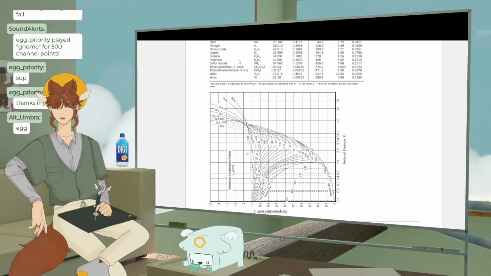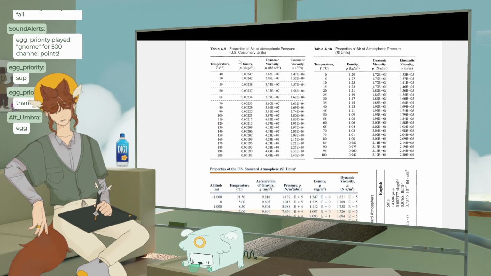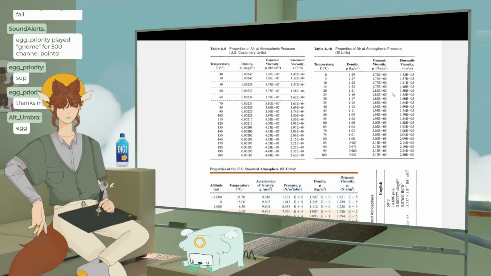We have this sideways graph of, what is this? I don't know what that is. Yeah, so we have this. I mean, I could do a regression on these values, I guess. Wait, what if I just did that? That might be the closest thing to a good thing that we have.